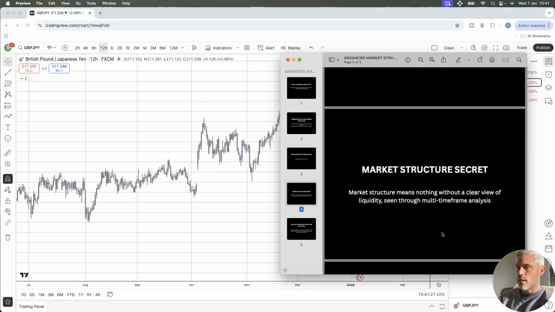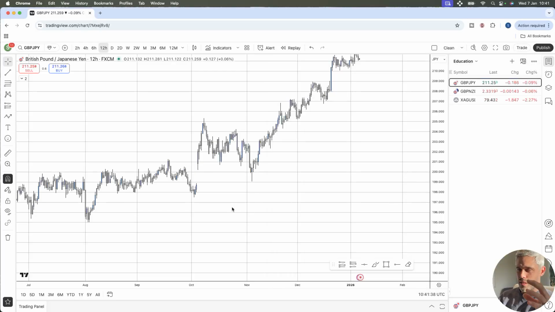So the secret really is that market structure means nothing on its own. You need to have a clear view of liquidity. So where is price actually targeting before it wants to go higher or lower? And you need to use multi-time frame analysis. And this is where the secret really is. Because if you think about this, we can see that price is in a bullish trend.